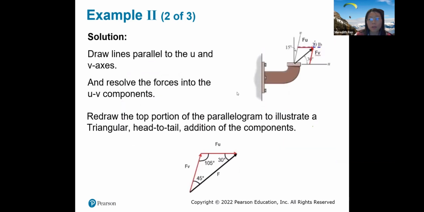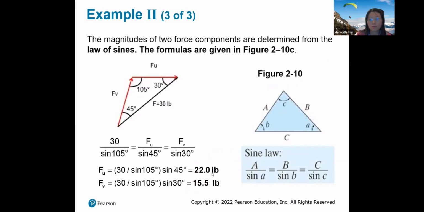We know that 30 pounds is for the one side of the triangle. And then we can solve for the values of FU and FV. Either you use this portion together or that portion to calculate the value of FU, or you can do that one and that one together to calculate the value of FV, okay?